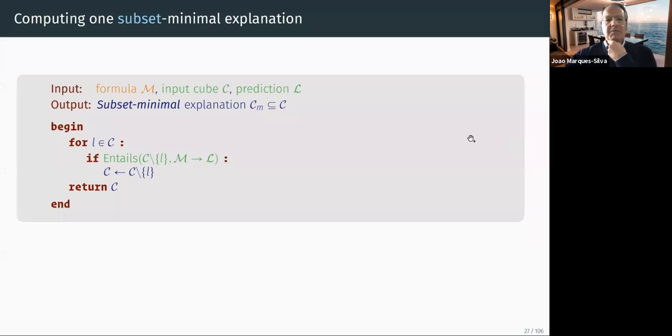So in terms of computing just a prime implicant, it's just a subset minimal explanation, and it's very easy to do in practice. We just need to be able to run entailment checks, and I talked about entailment at the beginning of the lecture. So as long as, if I drop the literal, entailment is preserved, then I drop the literal. And I do this by going over all literals of my input cube.